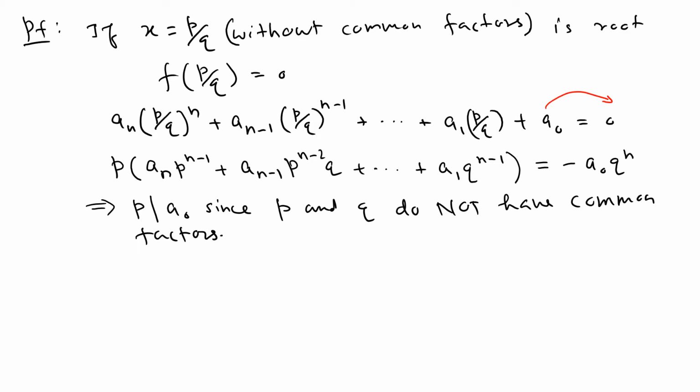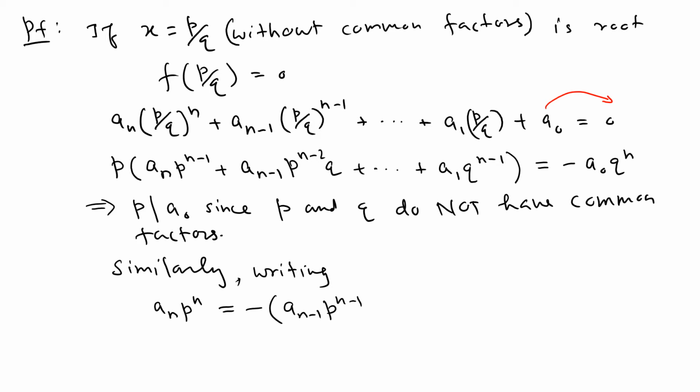So we can say similarly, writing a_n p^n, and on the other side we can see they all have a negative sign, we can have a_(n-1) p^(n-1) and the other terms, and the last term is a_0 q^(n-1).